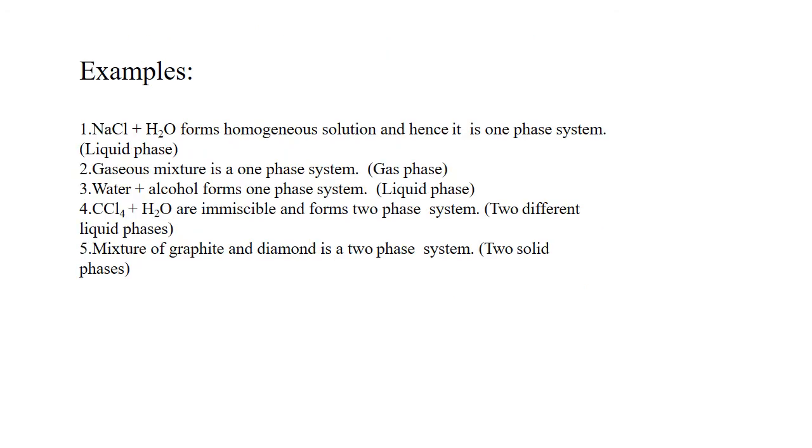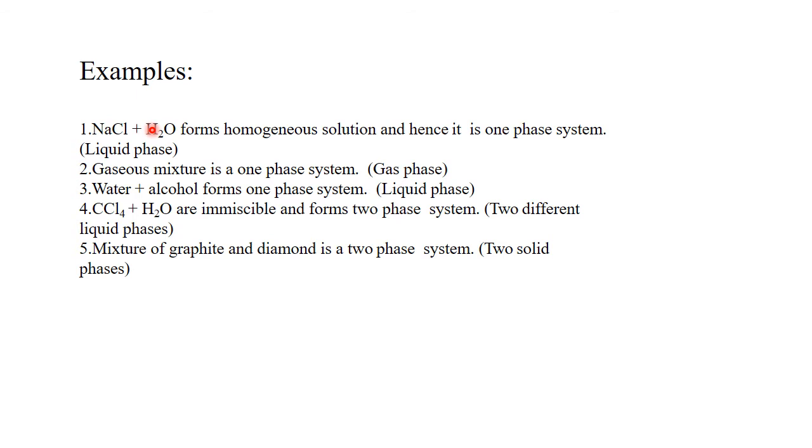Examples: NaCl plus water. When sodium chloride is dissolved in water, as a result, a homogeneous solution is formed. Sodium chloride is present in the solid phase and water is present in the liquid phase.